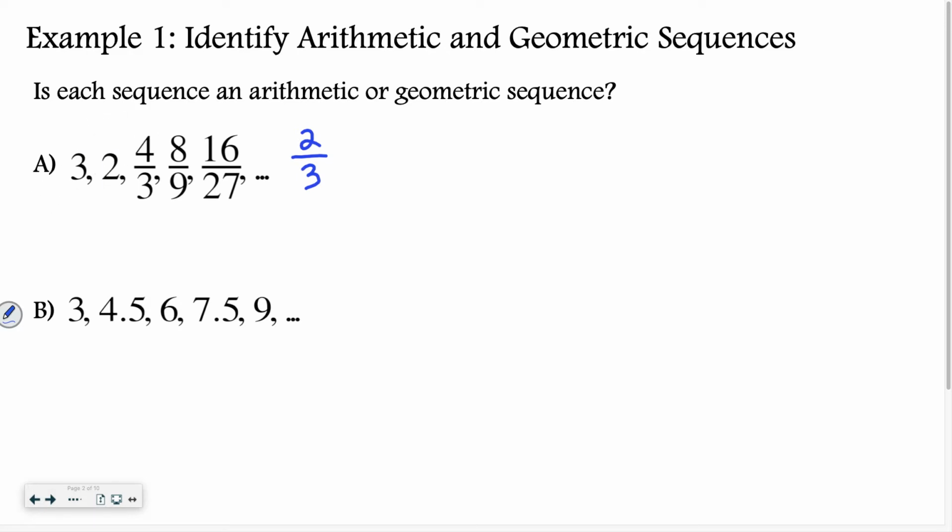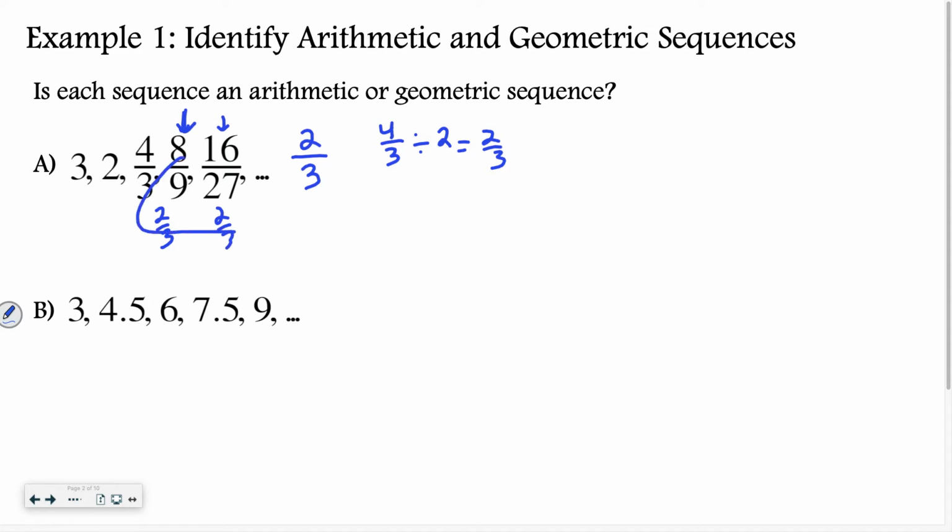Then I'm going to take 4 thirds and divide it by the number right in front of it, which is 2, and 4 thirds divided by 2 is 2 thirds. And I would keep doing that. Now I would do 8 ninths divided by 4 thirds, and I would get 2 thirds. Then I would do 16 27ths divided by 8 ninths, and I would get 2 thirds.